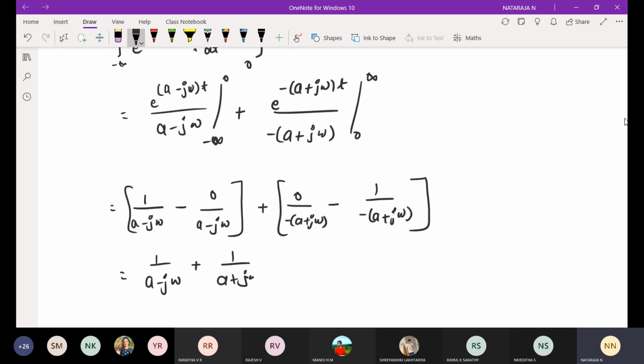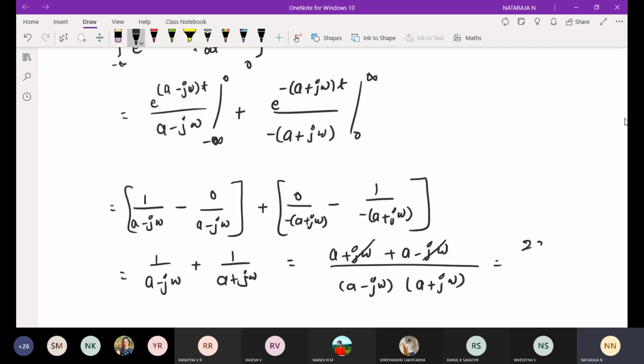Take the LCM: (a minus j omega) into (a plus j omega). Cross multiply, and you will get (a plus j omega) plus (a minus j omega). Here plus j omega and minus j omega cancel, so it is equal to 2a divided by (a minus b)(a plus b), that is a square minus (j omega) whole square.